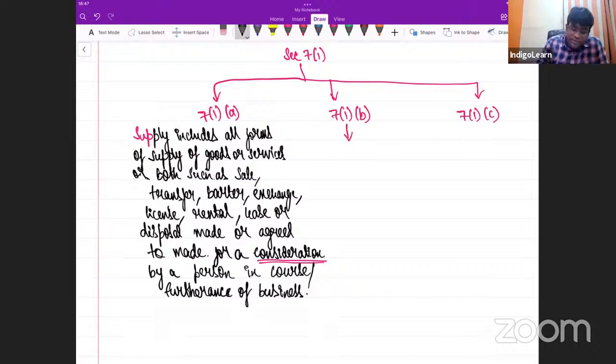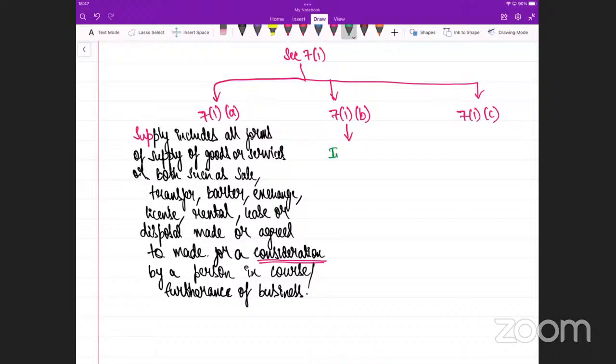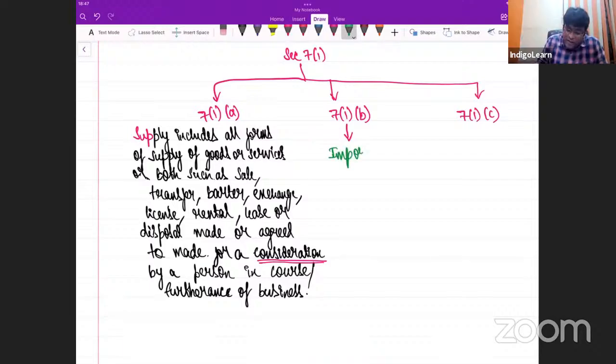Then 7(1)(b) talks about import of services. What is that language, sir?